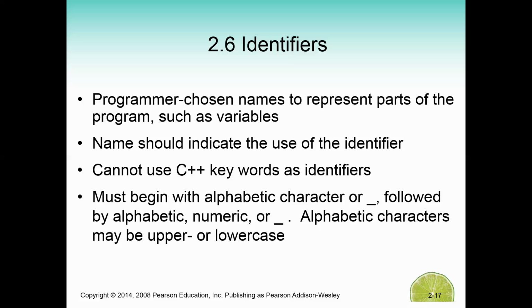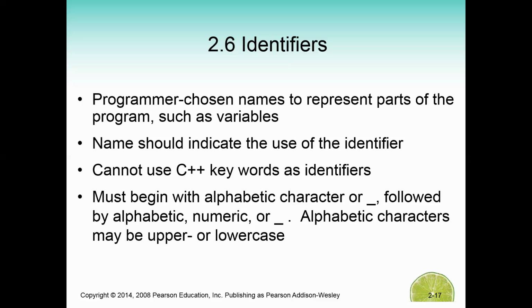We already talked about identifiers. We're going to be using identifiers to identify variables, and later on we're going to be using identifiers to name constants as well. And we already know the rules. We can use letters, numbers, and the special symbol is going to be the underscore.